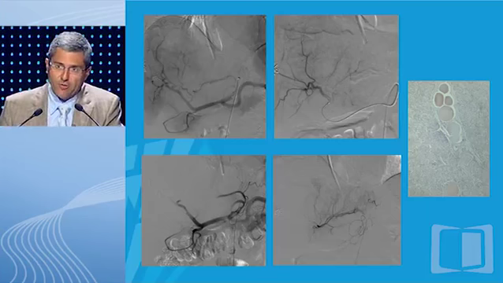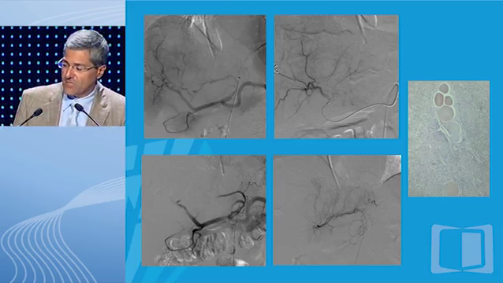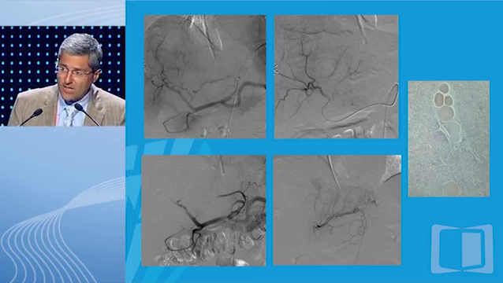When you use drug-eluting beads, they are not opacified when you look on the fluoroscopy screen, but when you inject these beads, you will have a slowing down of your contrast during the injection, and also of the vascularization of one or both hepatic arteries.